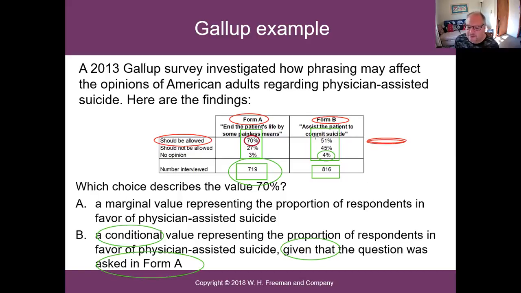We'd have to find 51% of 816, and then 70% of 719, and then get that number and put it here. But I don't know if you'll be asked to do all that work, but if you needed to find it, you could. And I just want to mention for part A, that's what we would expect for you to do. Marginal is when you have numbers on the outside like this, or numbers on the bottom like this, all of them. Conditional is when you have a percentage that has to do with one thing here and one thing here.